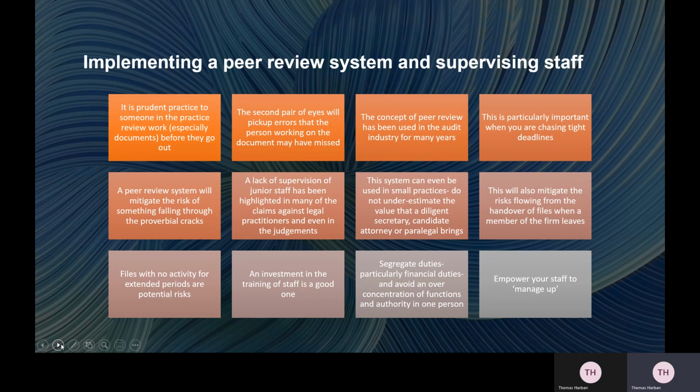Should you rather close the file? Have the discussion with the client, and close the file if you see that the client also doesn't have an appetite for the matter. But importantly, send a letter to the client confirming your discussion.